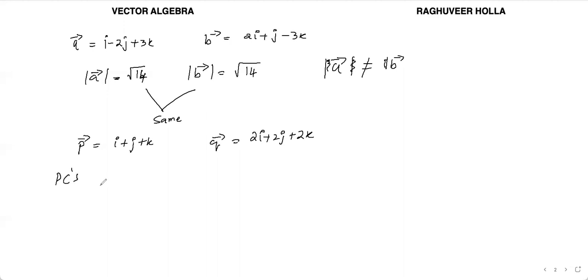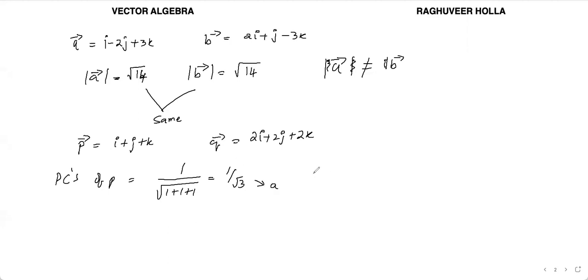The direction cosines of P will be 1 divided by the magnitude of this, that is square root of 1 plus 1 plus 1, which is 1 by root 3. This will be a.